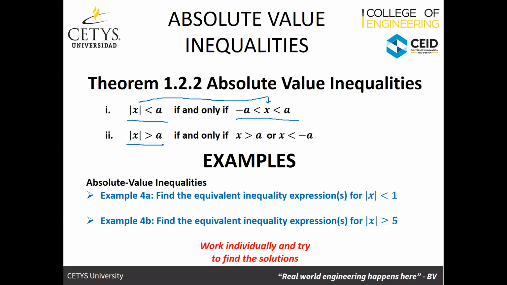In the case where I have an absolute value that has a greater than symbol, so absolute value of x is greater than a, now the expression can be rewritten as such. Basically the rewritten expression is that x is going to be larger than a, or x can be less than minus a. So if I have the absolute value of x larger than 2, that means the solution set x can be larger than 2 or less than minus 2.